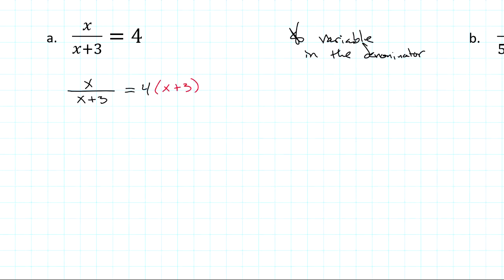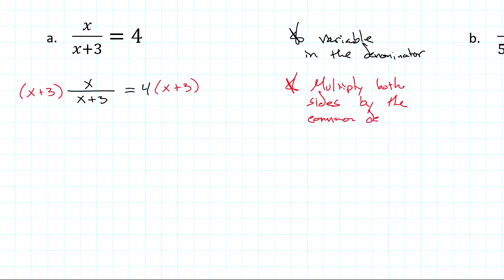Multiply both sides by the common denominator to clear out all denominators.